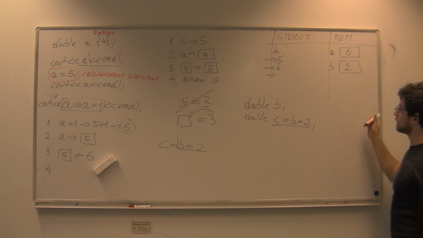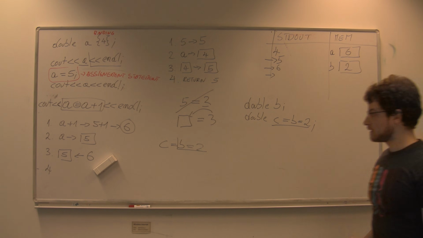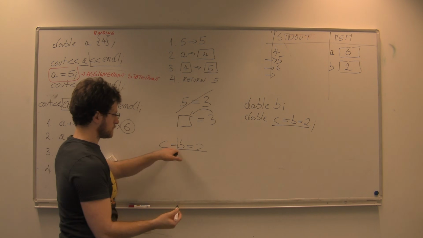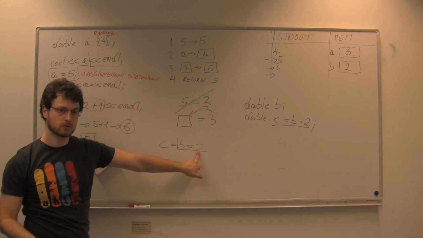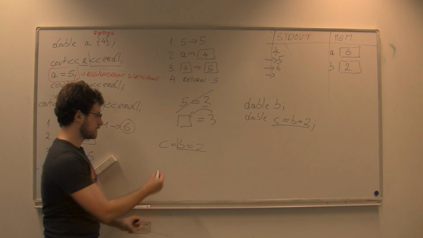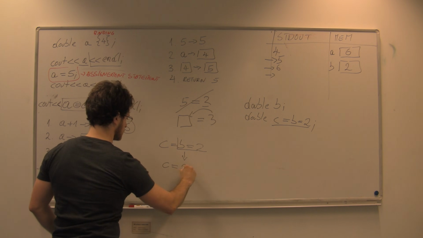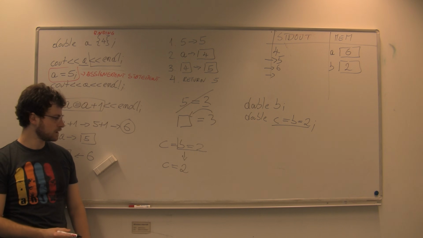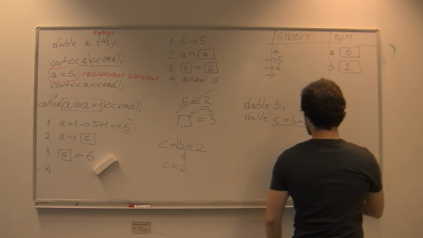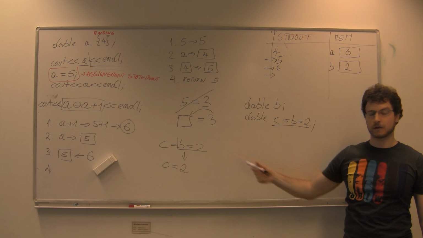which has the effect of writing the number 2 in the box associated with b, which again simplifies because the expression b equals 2 results in a value, and that value is the number assigned to b. This expression gets simplified to the following expression, which has the effect of writing the value that is the number 2 to c.